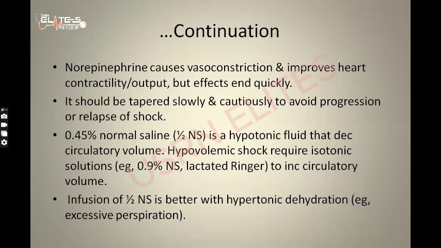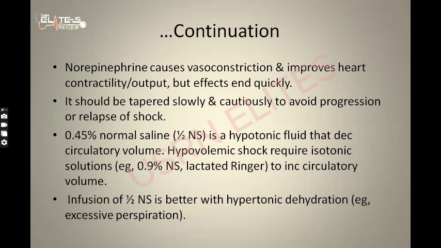If the fluids prove futile, then you add your inotropes or vasopressors. And just in case you start with your norepinephrine or inotropes, let's say you are getting the pressure up and you want to stop the inotropic support, what you have to do is to taper the medication down gradually.